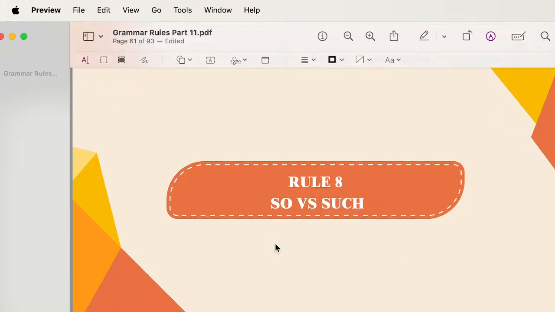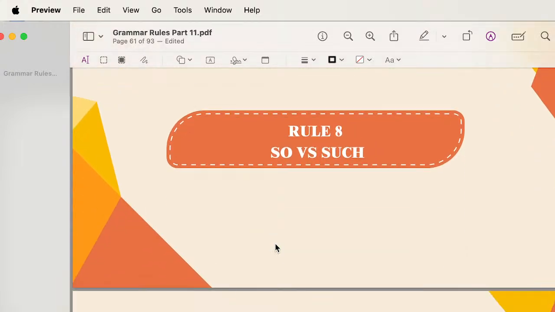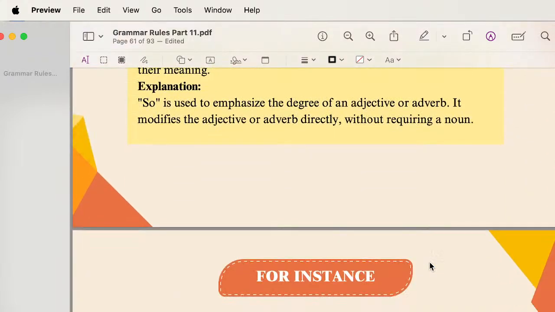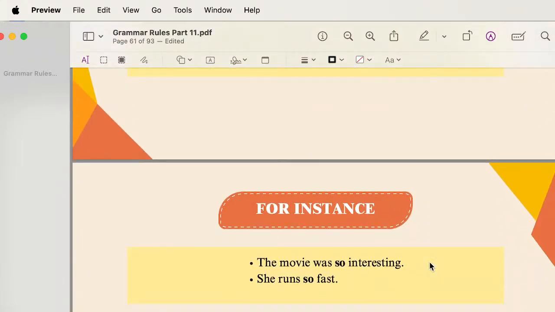Now, the difference between so and such. What do you understand by so? First of all, tell me. We use so for adjectives and adverbs to intensify their meaning. For example, the movie was so interesting. What is interesting? Your adjective. She runs so fast. Again, what is fast?